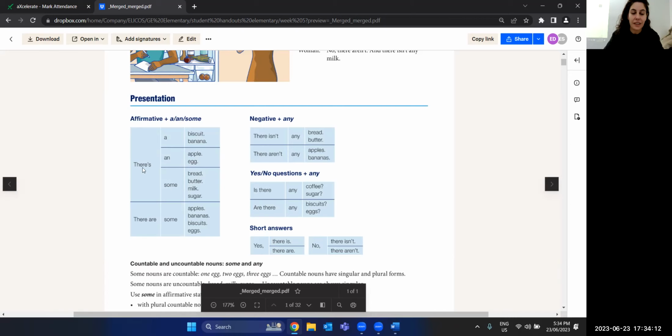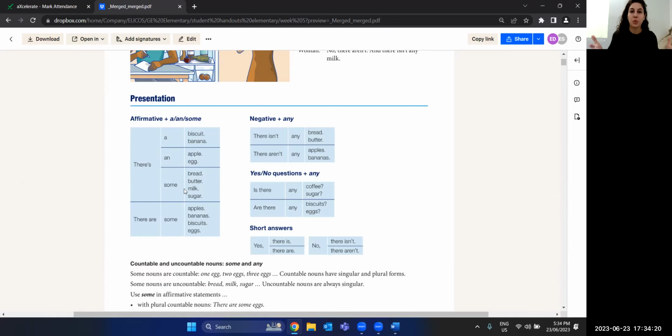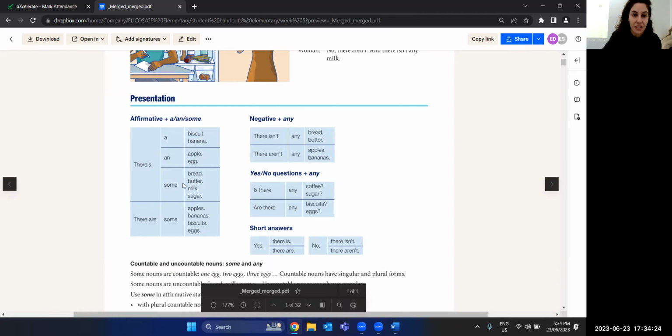Some. So there's some bread, butter, milk, sugar. You should have already made a list of which words are countable and which words are not countable. So these are uncountable because we do not say 2 bread, 5 butter, 6 milk, 7 sugar.